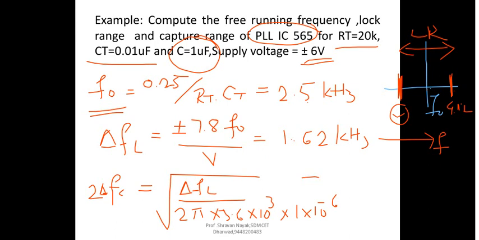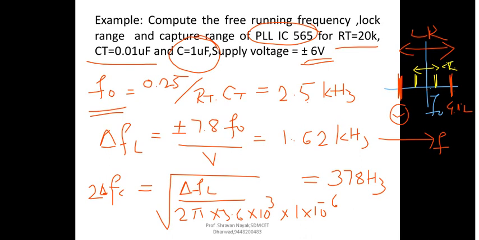If you substitute here, you get somewhere around 378 hertz. So 378 on either side, this is going to be your capture range. Now you can see definitely the capture range is much smaller than the lock range.